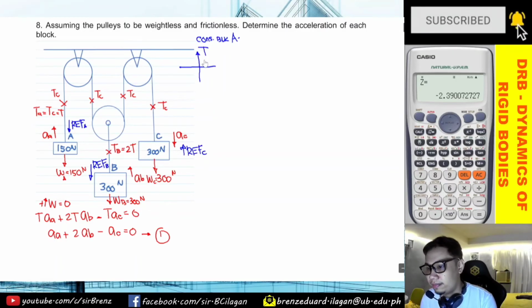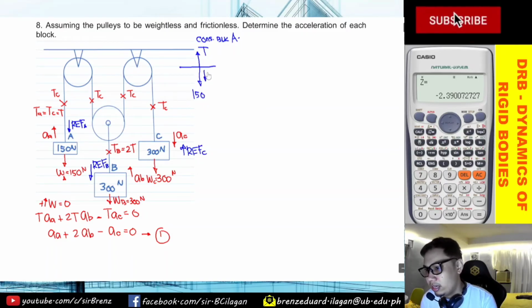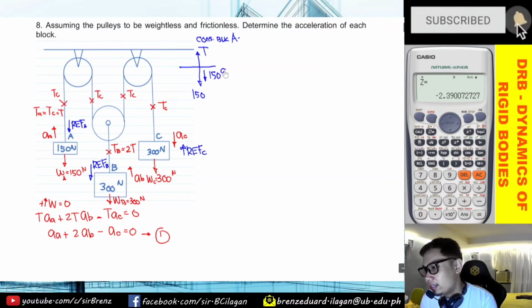So, T. And then, ito pababa na 150. Tapos, reverse effective force also downward. So, lagay ko na lang sa gilid. So, that is 150 times acceleration ni block A over 9.81.